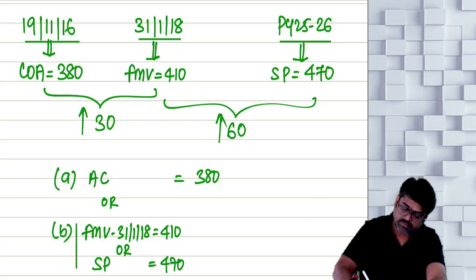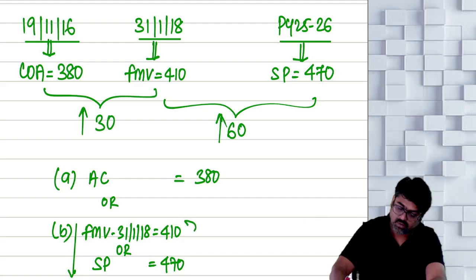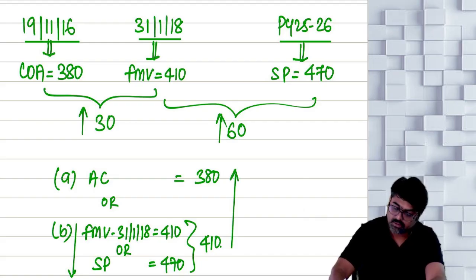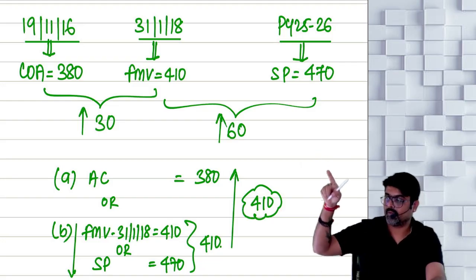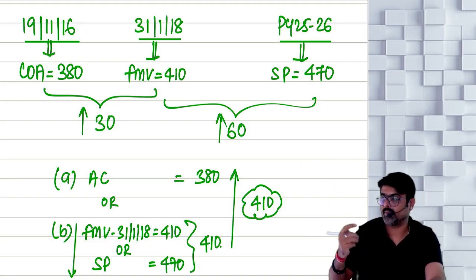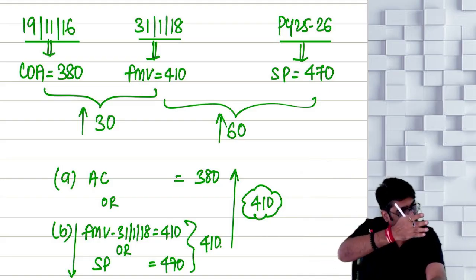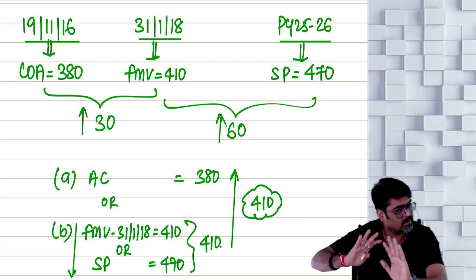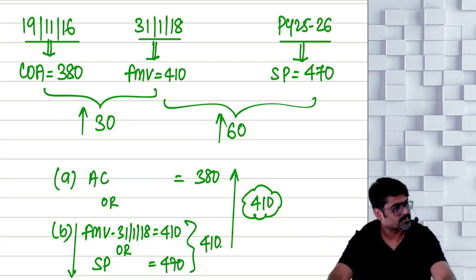So this or this, whichever is lower will be 410, 410 or 380, whichever is higher. So 410 will be the cost. So out of 470, if we reduce 410, what will be your gain? 60. The gain only for the period after 31st January will be charged to tax.